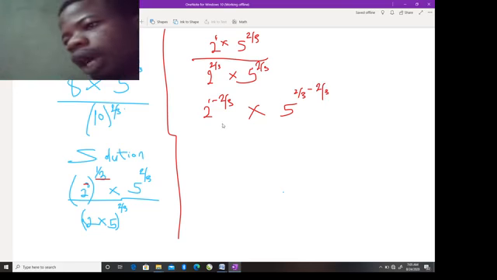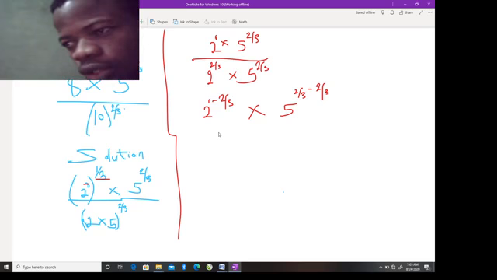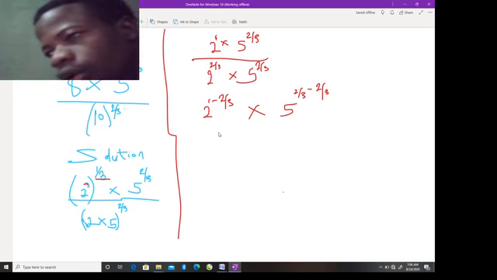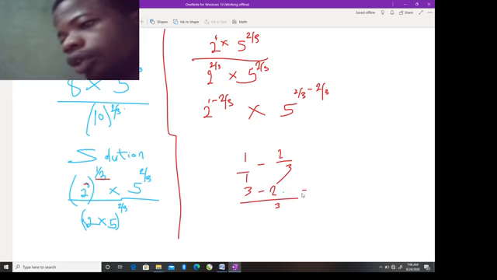So what do we have? What is 1 minus 2 over 3? That should give us 1 over 3. Confirm that. So you have it as 1 upon 3.